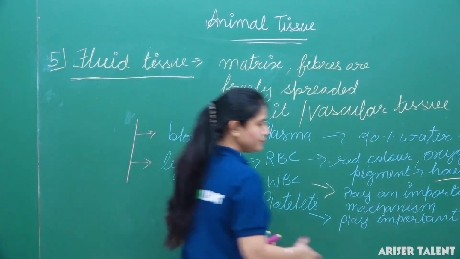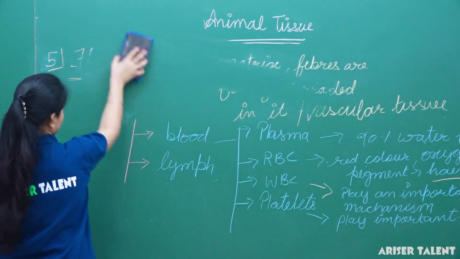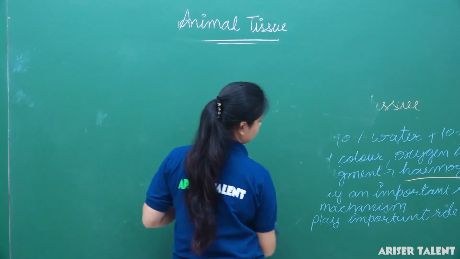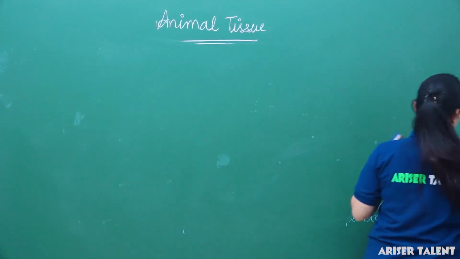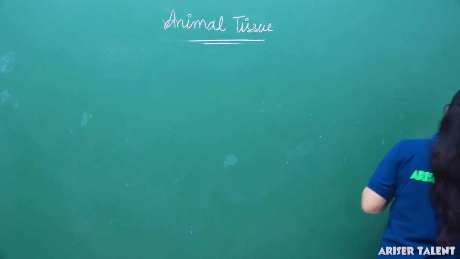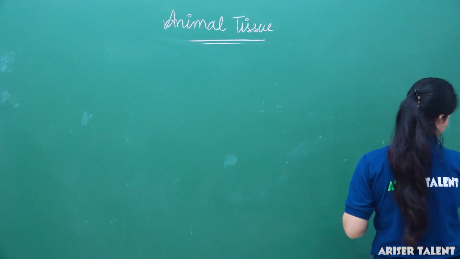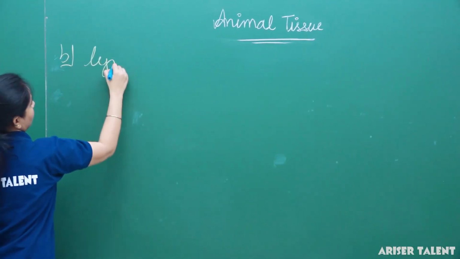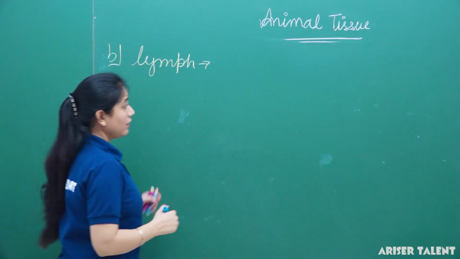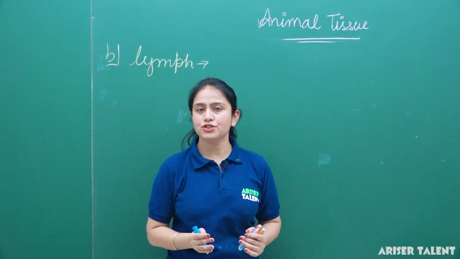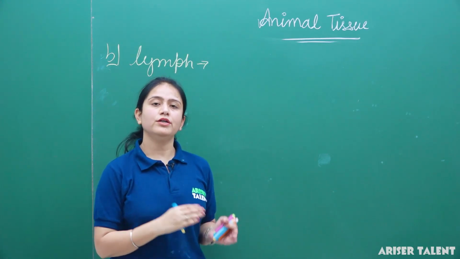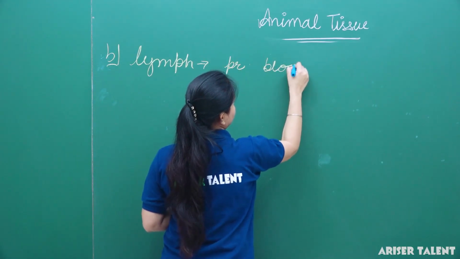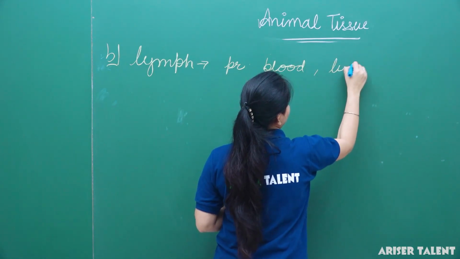Next is lymph. Lymph is present between the blood and tissue cells.